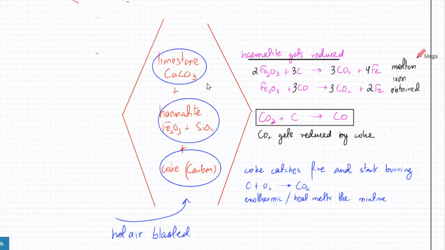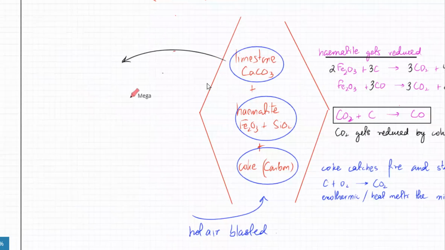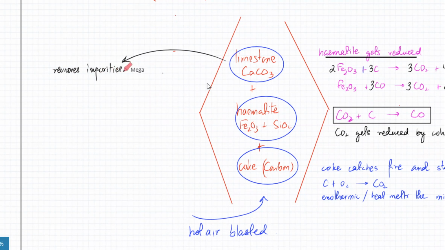Then a very important point is, what's the purpose of limestone? Why do you add limestone to the whole thing? The purpose of limestone is that it's used to remove impurities. Mainly the impurity is sand, which is SiO2.